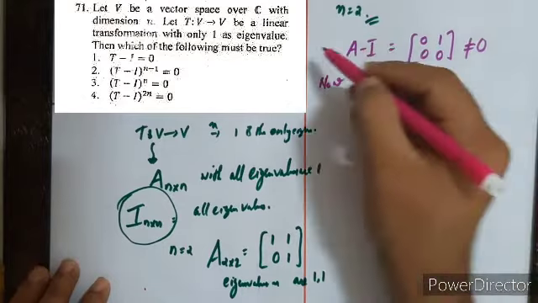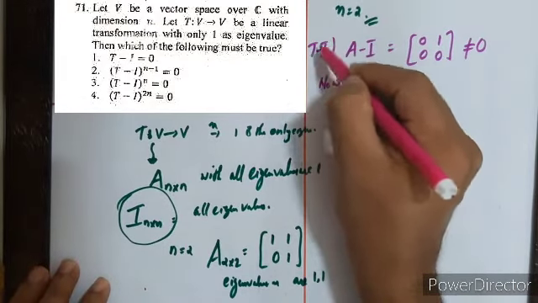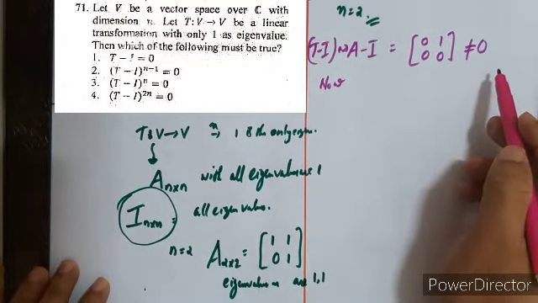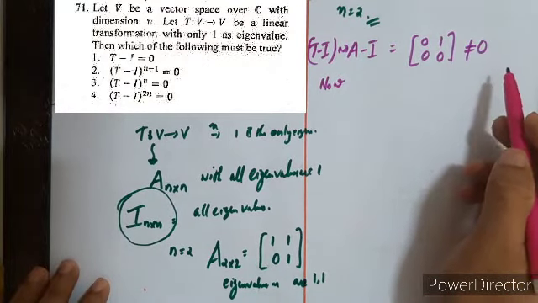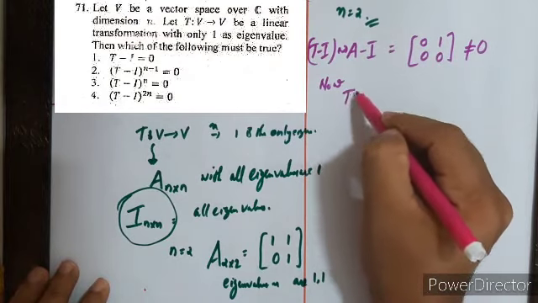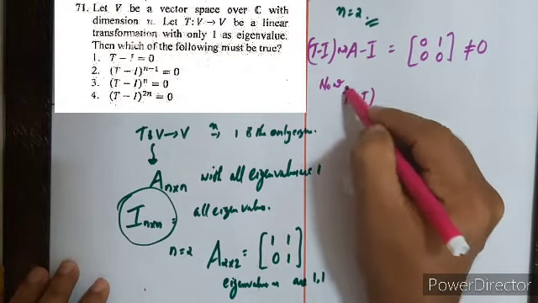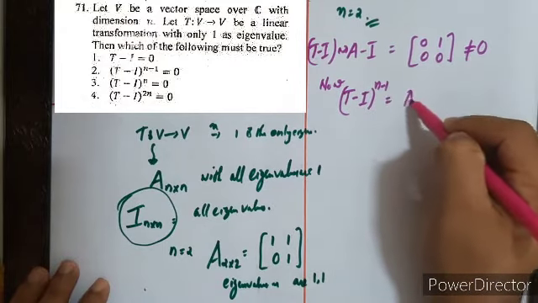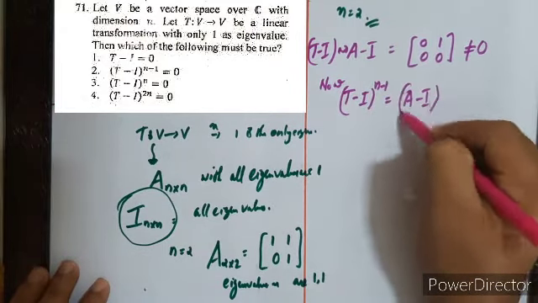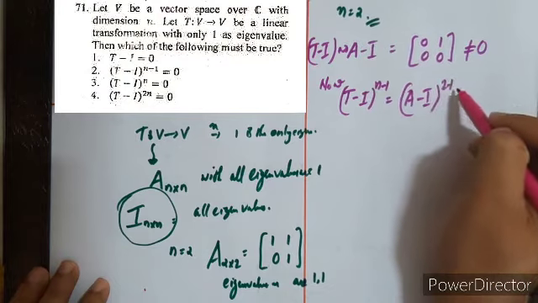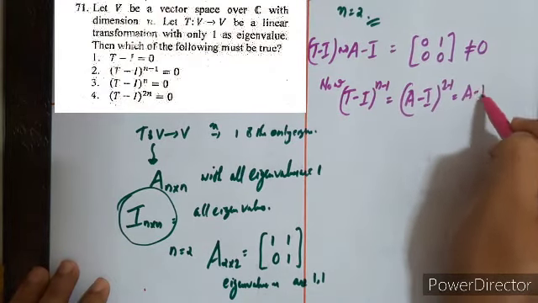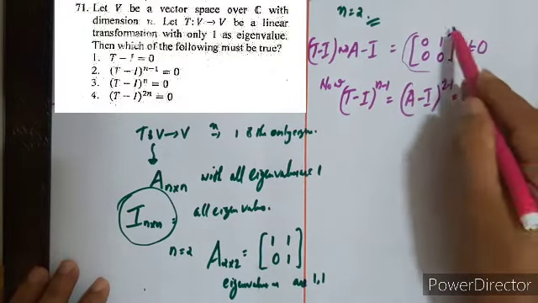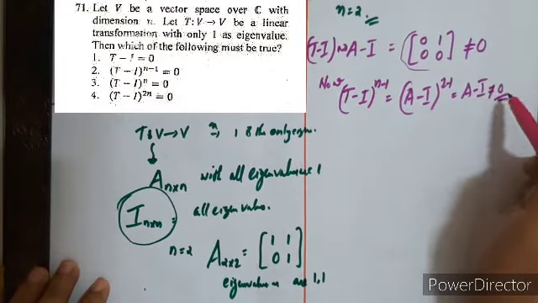A minus I, or T minus I, is not equal to 0. Now I am taking the second option, (T minus I) raised to n minus 1, which is equal to (A minus I) raised to n minus 1. N is 2, so 2 minus 1 gives A minus I itself. But here A minus I is not equal to 0.